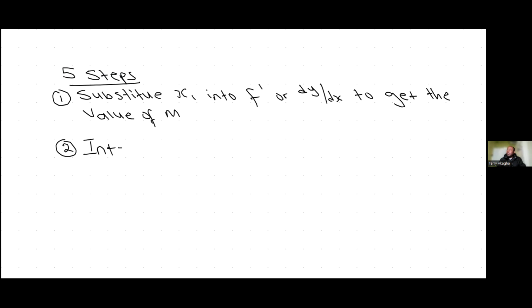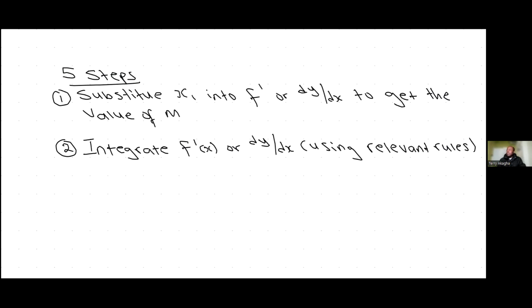We're going to integrate f prime x or dy over dx using relevant rules to get y plus c, or it depends if you want to call it f of x plus c. Remember, we've talked about this in indefinite integration.